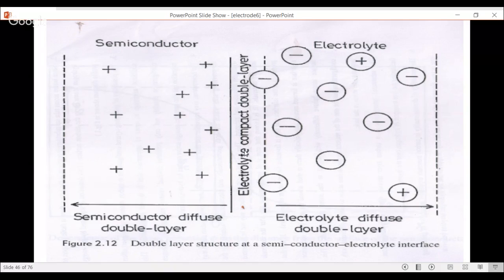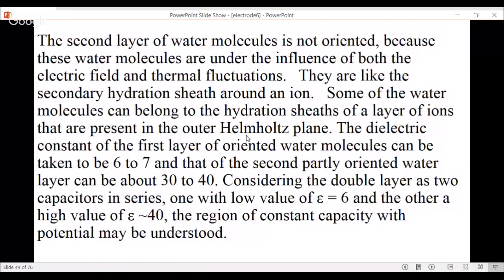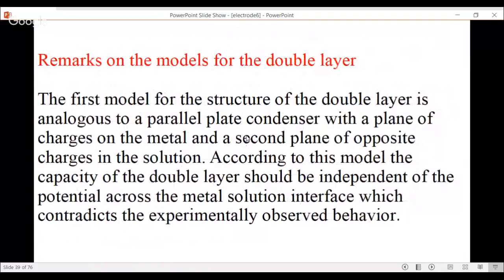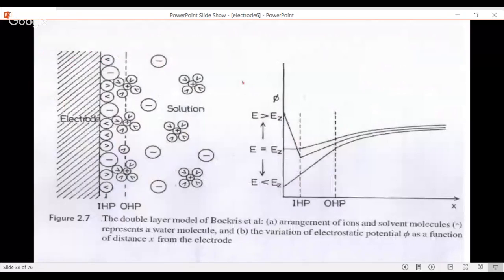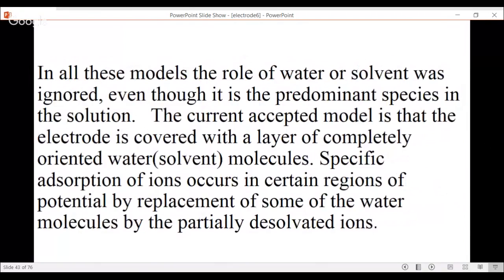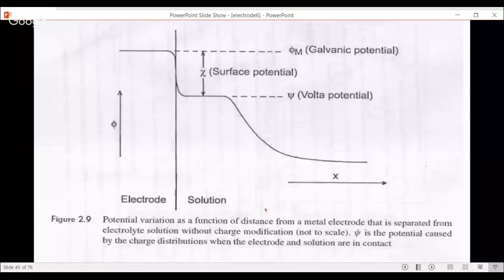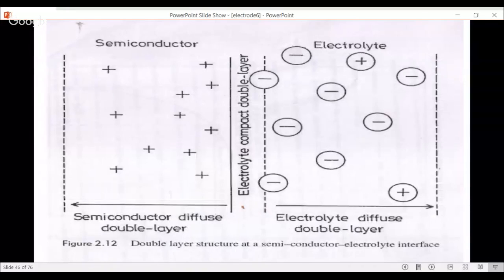In the semiconductor-electrolyte interface, up to now, I hope you are understanding this. Up to now, we have always thought that the potential psi m will be varying with respect to distance on the solution side, but it is not so. The potential is varying on the solution side as well as on the semiconductor side, the solid electrode side.